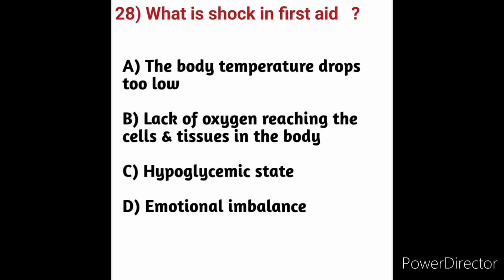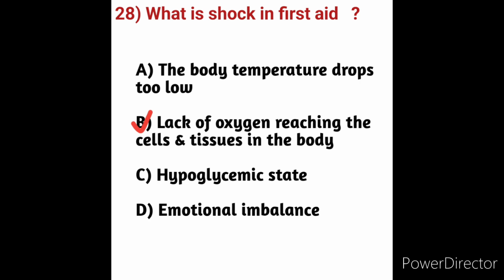Shock may result from trauma, stroke, blood loss, allergic reaction, severe infection, poisoning, or severe burns. These all are due to the lack of oxygen reaching the cells and tissues in the body. So here option B is the correct answer.